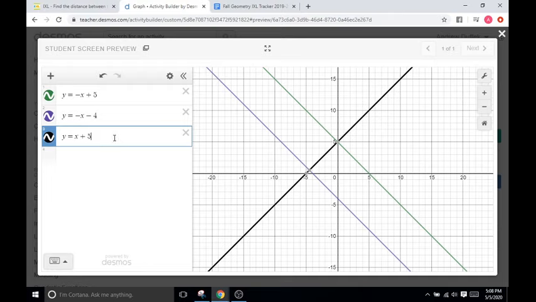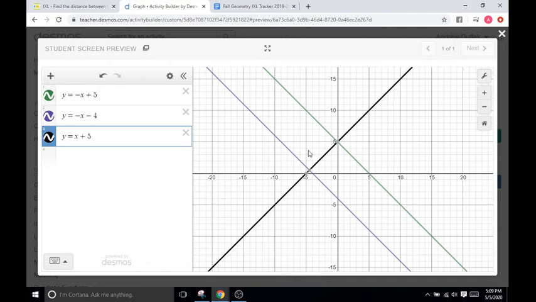You can ignore this specific formula. Just understand we wanted to draw a perpendicular line that would go through both lines, and also went through a point on the y-axis, the y-intercept of the other line. So we're going to pull this point right here, which is (0, 5).